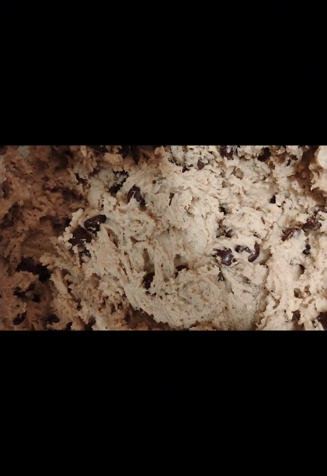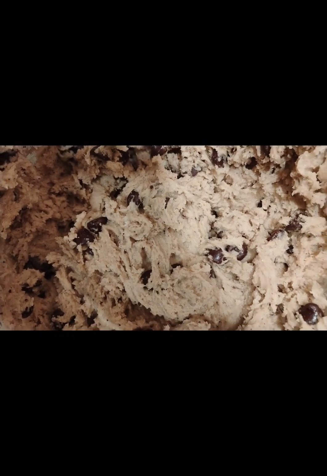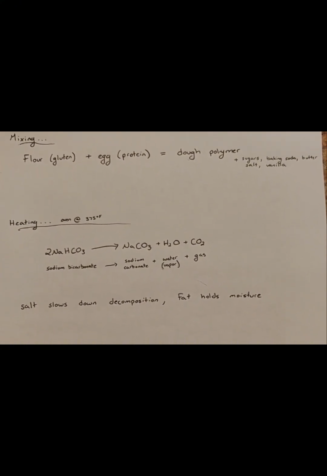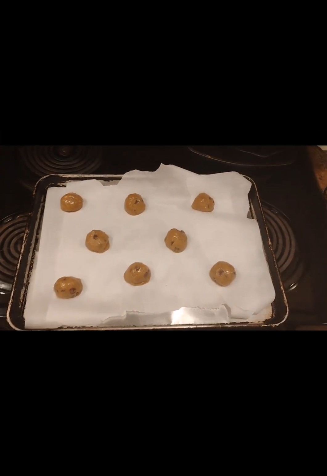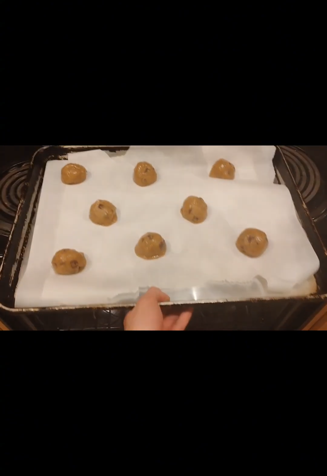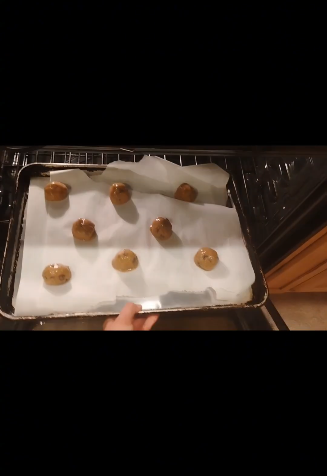Now that we've seen the flour and egg come together into a type of dough polymer with all the goodies in it, now we can start to talk about what happens when we heat it up. The sodium bicarbonate, the leavener, is going to decompose into sodium carbonate, water vapor, and carbon dioxide. And all of these things are going to give rise to the cookie, hence the name leavener.